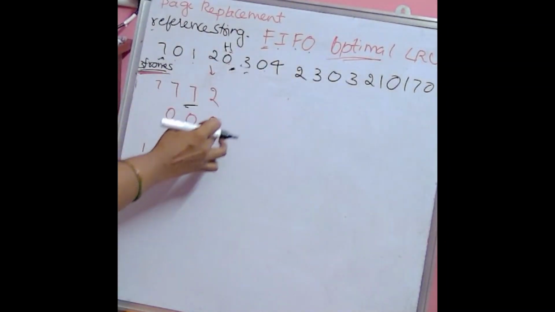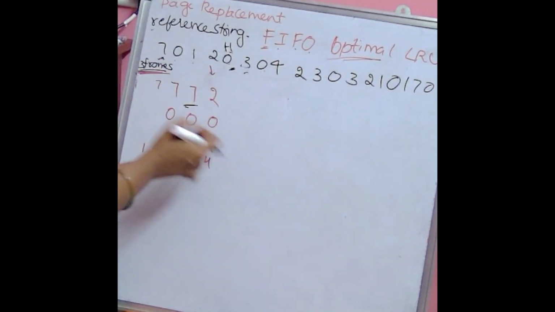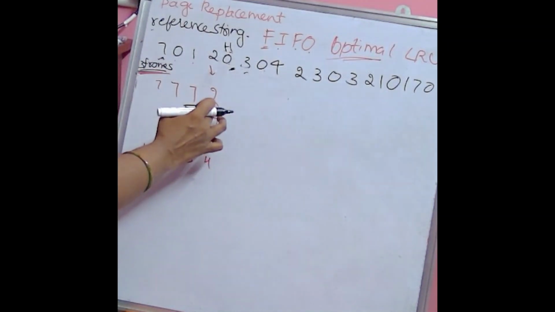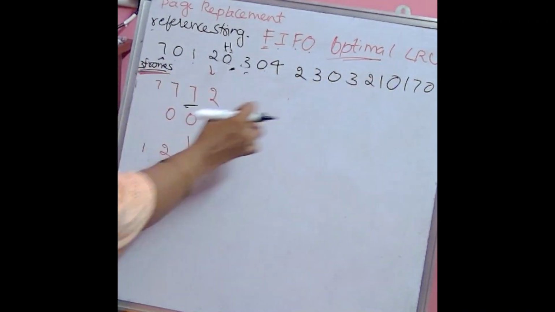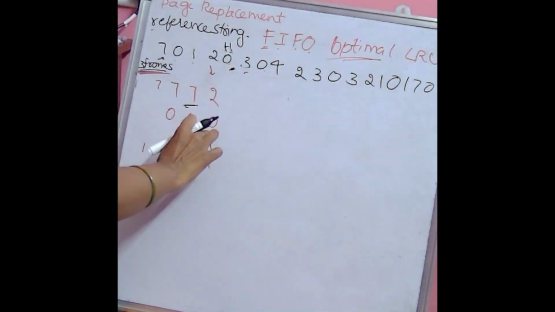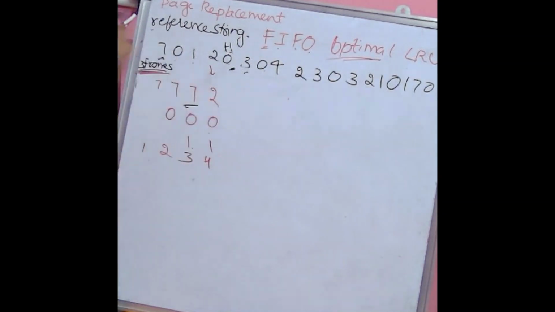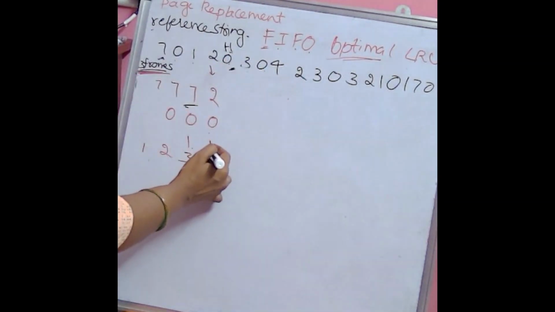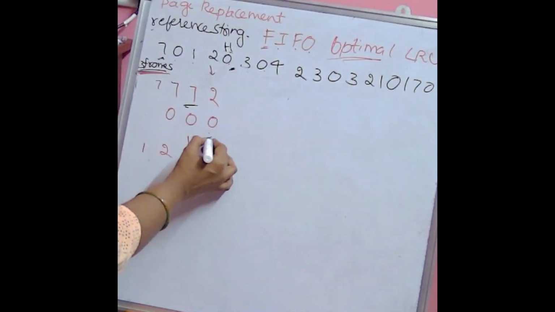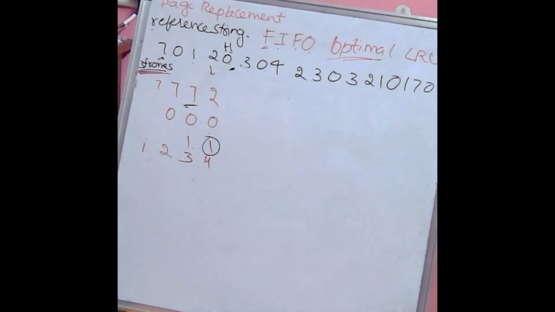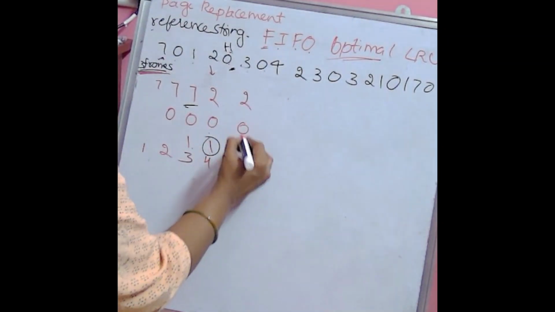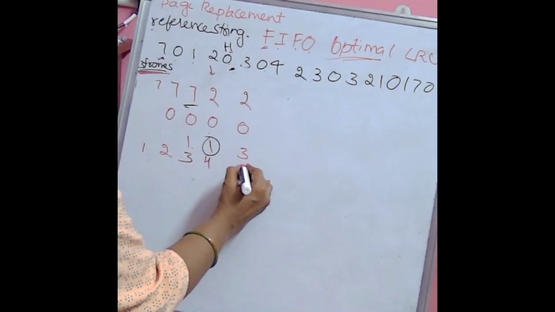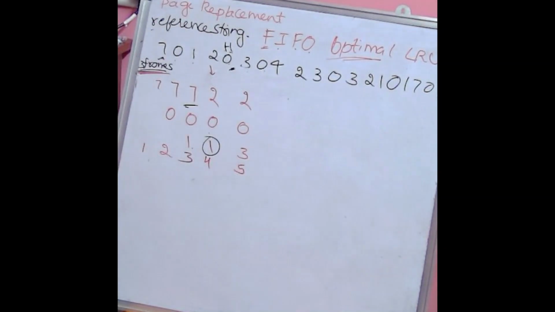Comparing with these 3, 0 is required in the near future, after that it requires 2, and after that maybe the 1 here. So in the near future it requires 0 and also 2. That's why we are replacing this one with this page. Now the main memory position is 2, 0, 3, and this one we consider as page fault number 5.